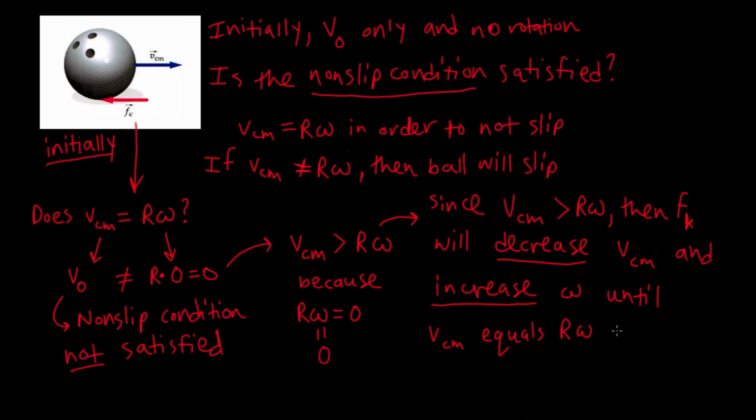In other words, the force of kinetic friction just wants the non-slip condition to be satisfied. That's all the force of kinetic friction is trying to do. It just wants the non-slip condition to be satisfied so that the object cannot slip.